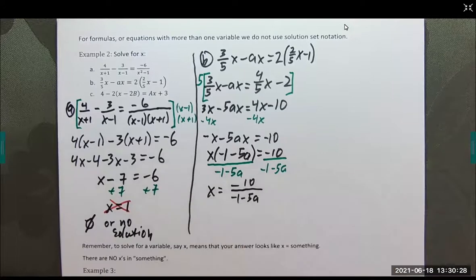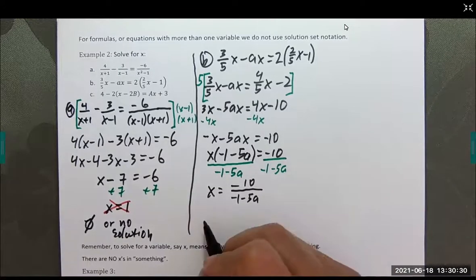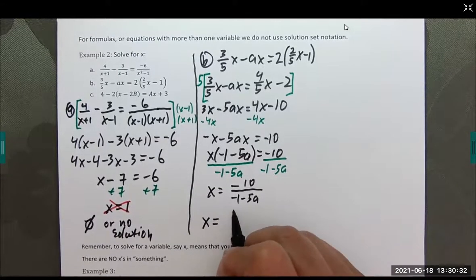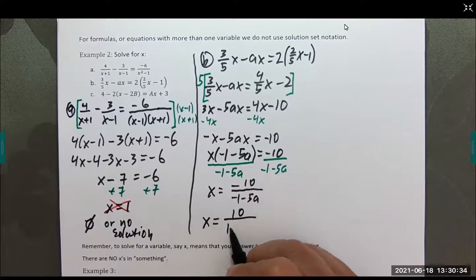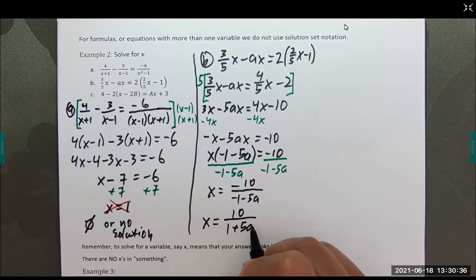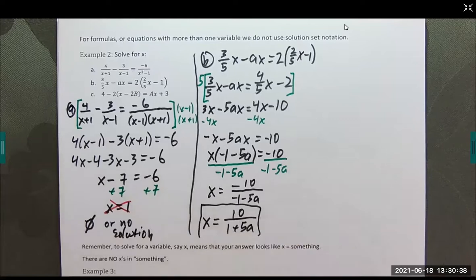And if I multiply the top and bottom both by a negative 1, x is just 10 over 1 plus 5a. No problem.